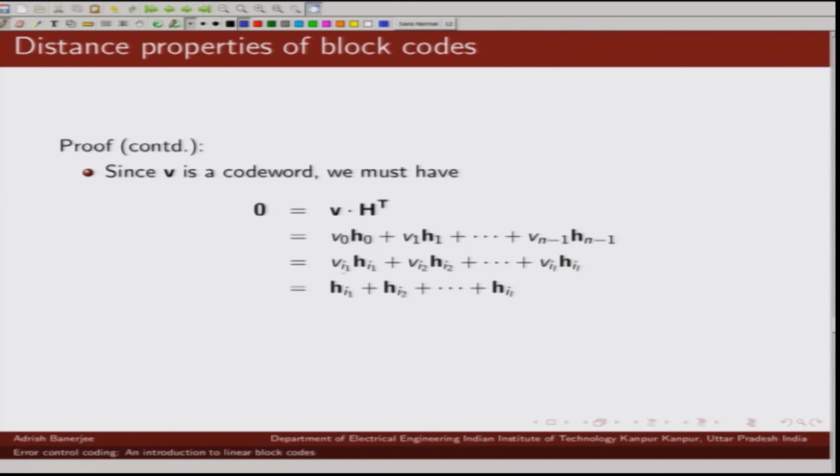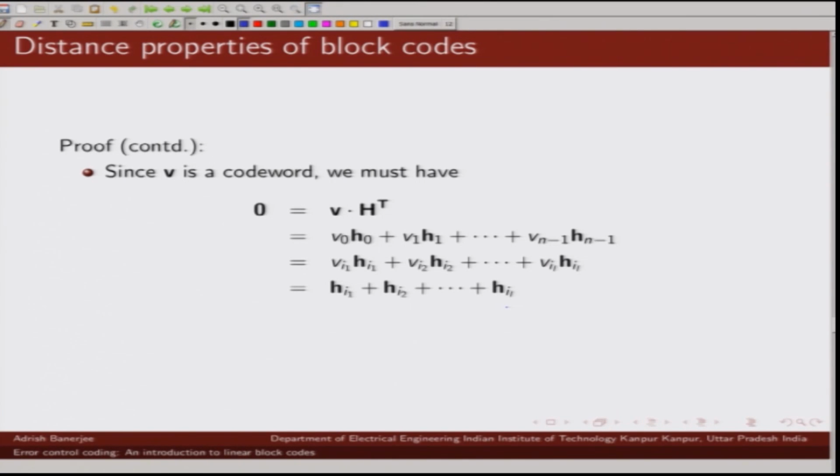Now, since Vi1, Vi2, Vi3 up to ViL are 1, we can write this as Hi1 plus Hi2 plus Hi3 up to HiL is going to be 0. And what are these Hi1, Hi2, Hi3? These are columns of your parity check matrix H. So, what does this say?